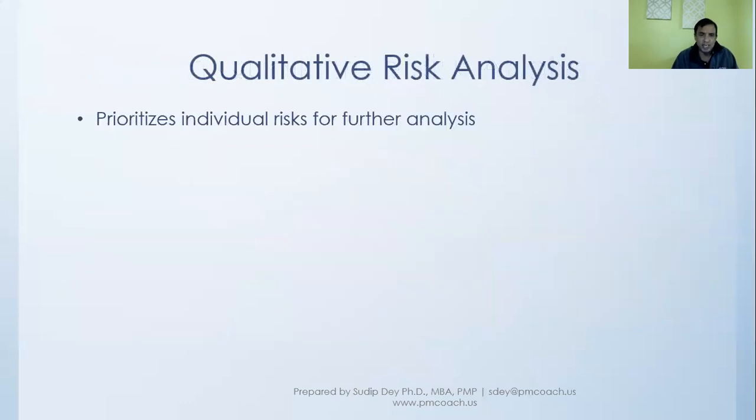In qualitative risk analysis, what we really do is prioritize individual risks for further analysis, because this is the first step. Typically, and it depends from project to project, if we see a risk is high priority, with probably high probability and high impact, then we might want to take it further through the quantitative risk analysis.